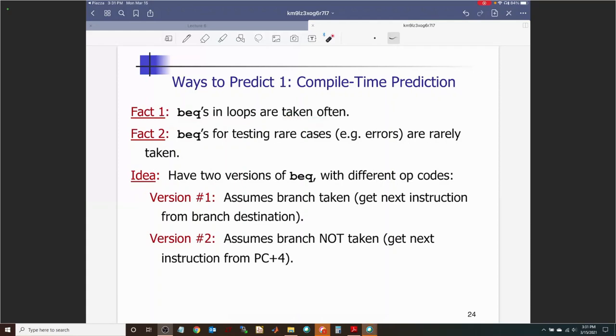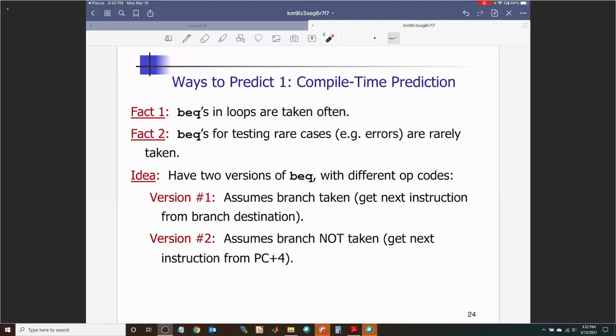So if you write a for loop or a while loop, and you are checking for two things equal or not, those branches are taken often, right? Whenever it breaks, that's when you come out of the loop. So this is fact number one. On average, branch when equals in loops are taken often.